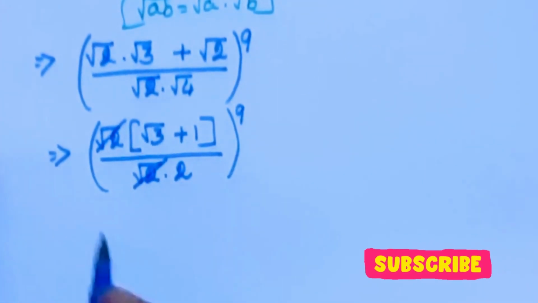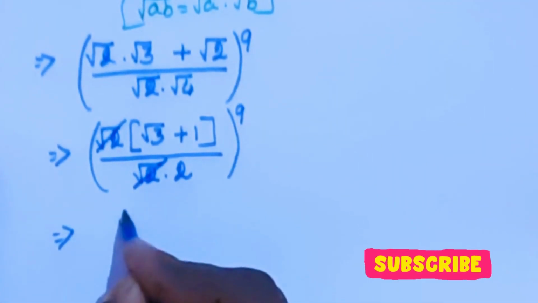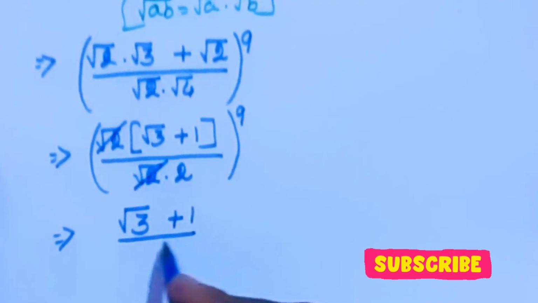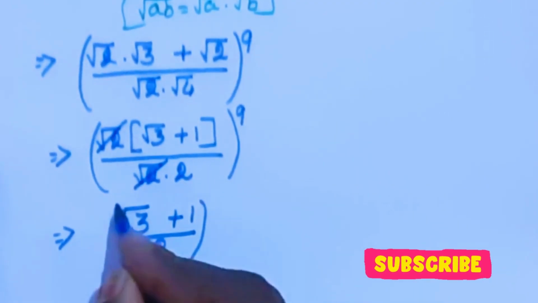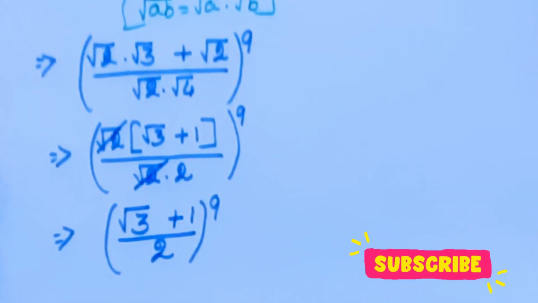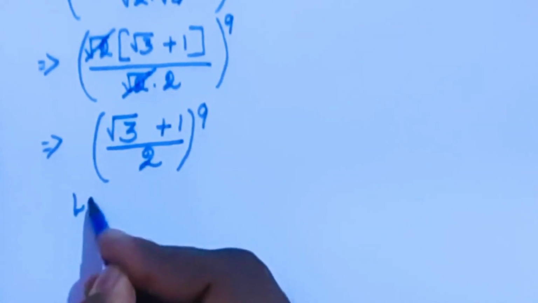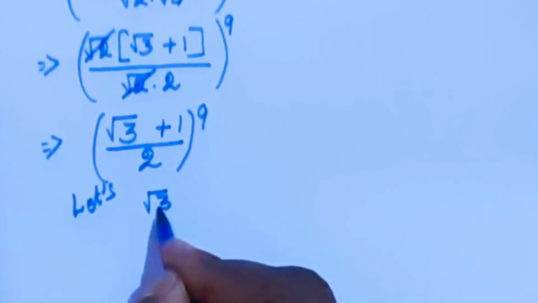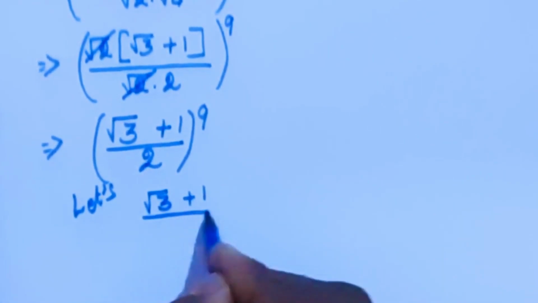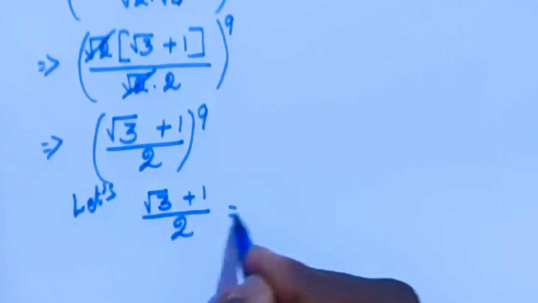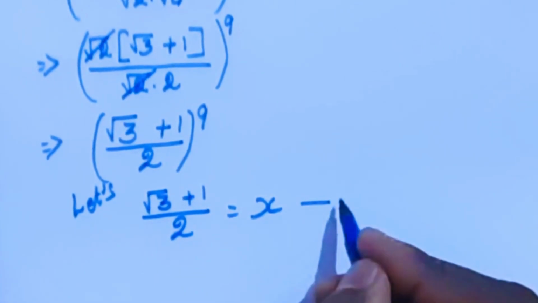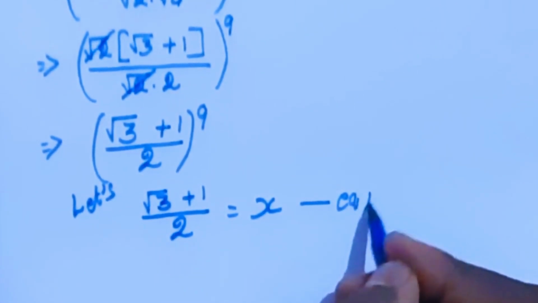Now we have (√3 + 1)/2 whole power 9. Now let us assume that (√3 + 1)/2 equals x. This is equation 1.